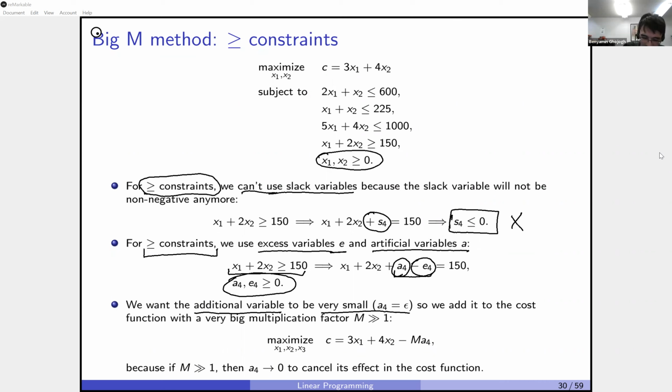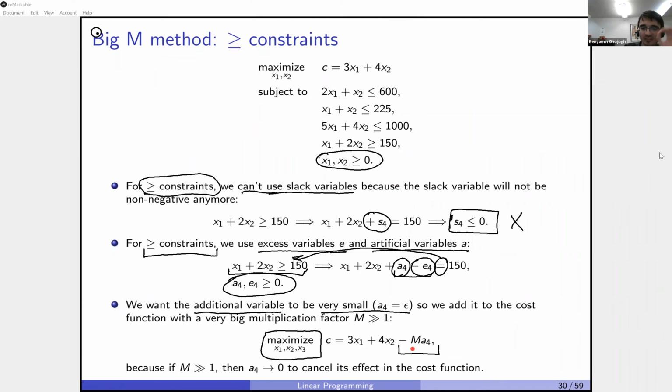If it's large, then this equality might not necessarily mean the greater than or equal to inequality. For that, I want the additional variable denoted by A to be very small. Therefore, another trick I do in the cost function, which I'm maximizing, I add minus MA4.